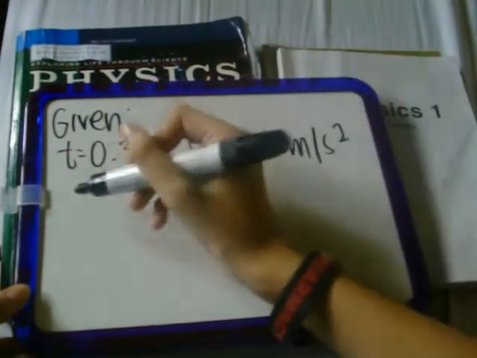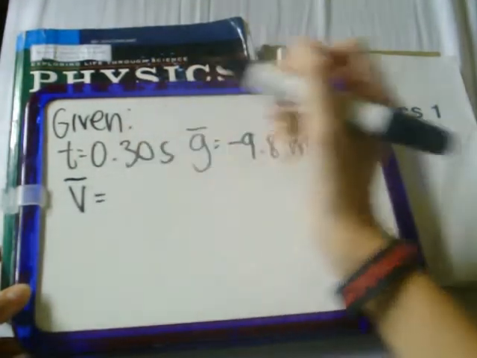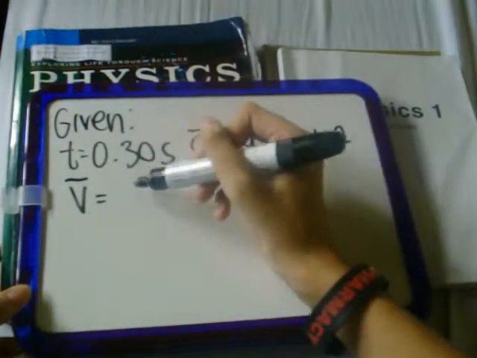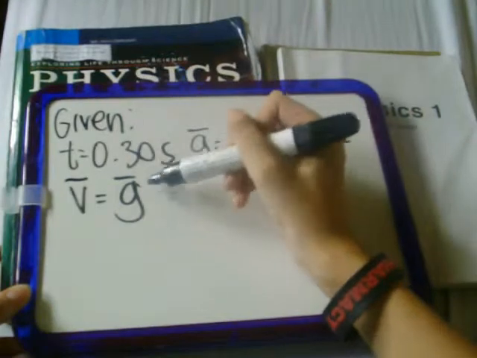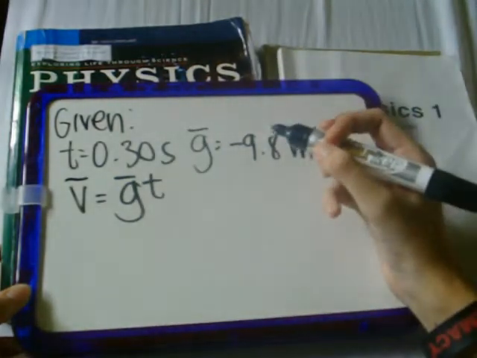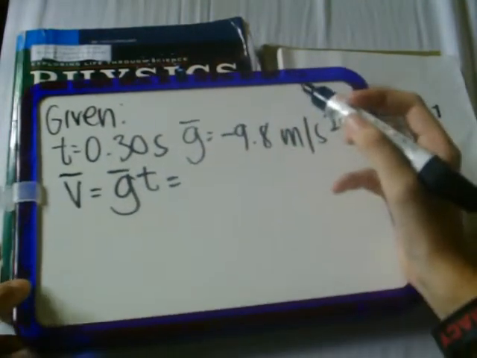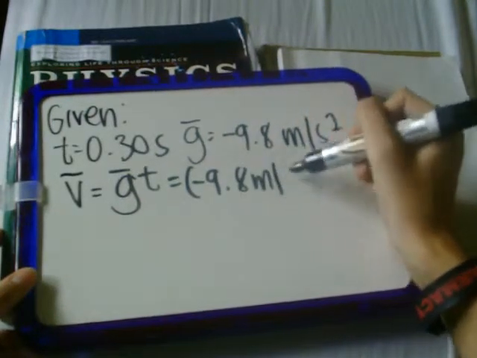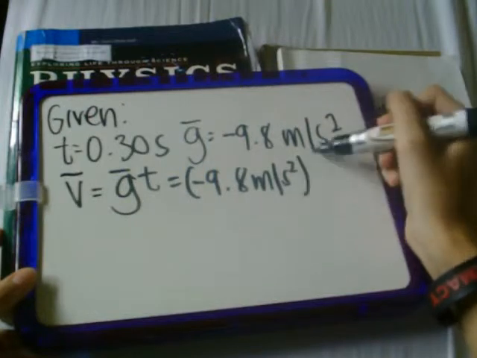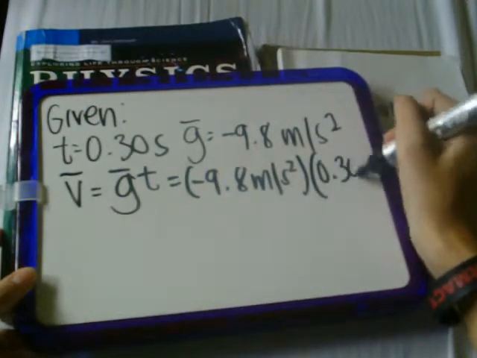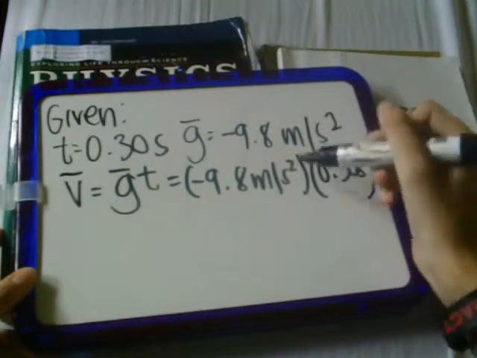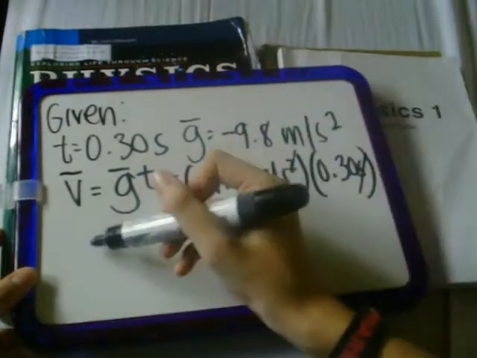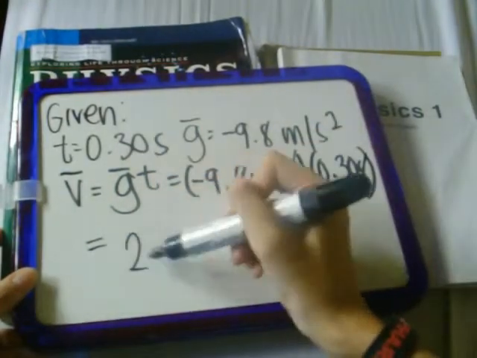We are to get the velocity using the equation, acceleration due to gravity times time. Then, substitute the given values. Negative 9.8 meters per second squared times 0.30 seconds. Then cancel out the second. The answer would be negative 2.94 meters per second.